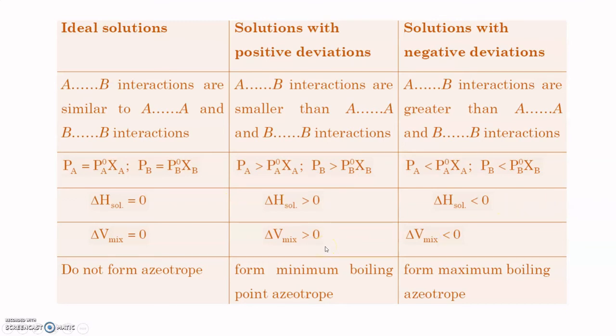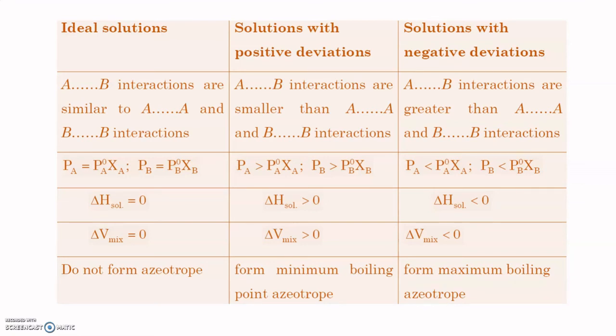Similarly, delta V mixing, change in volume while mixing. And also one more thing, ideal solution does not form azeotrope, while solution showing positive deviation will form minimum boiling point azeotrope, and solution with negative deviation will form maximum boiling azeotrope.